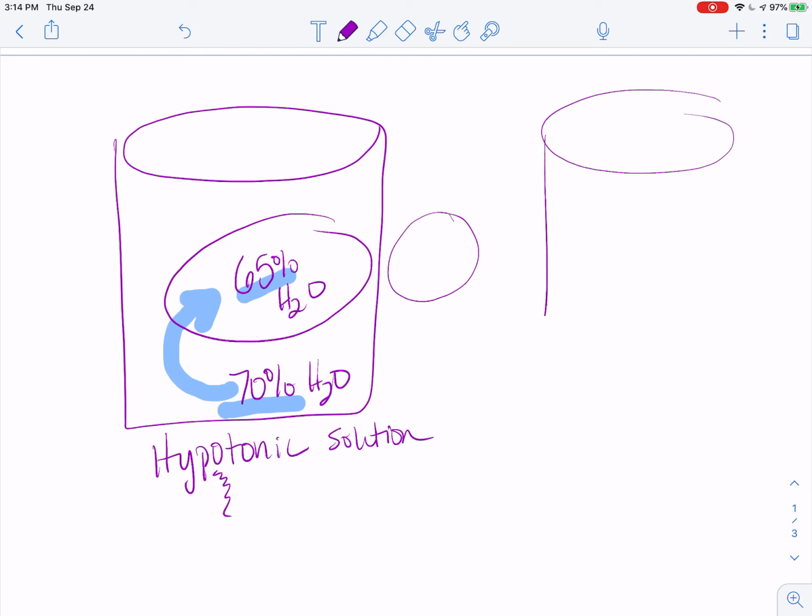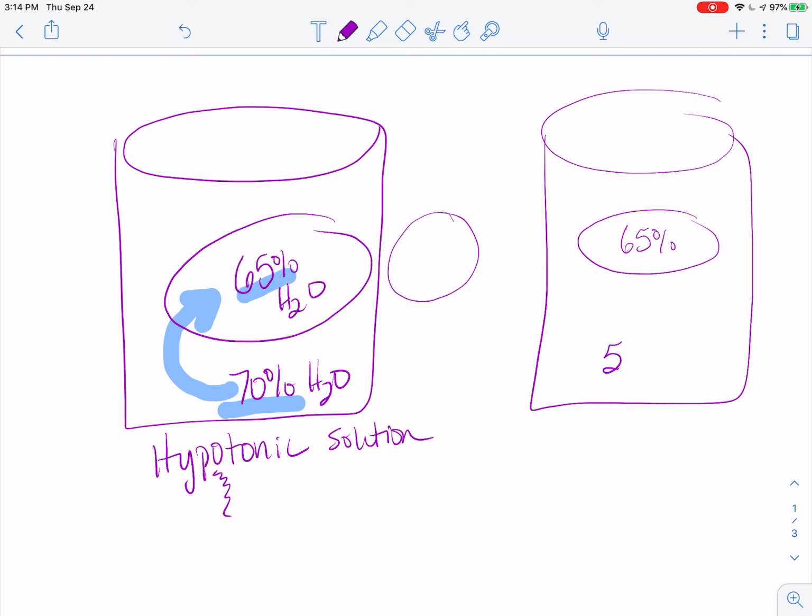Okay, so if we've got here, let's stick with 65%, and let's say here we've got 50% water. All right, so now we have high concentration on the inside, lower concentration on the outside.